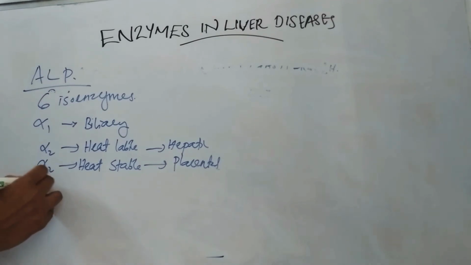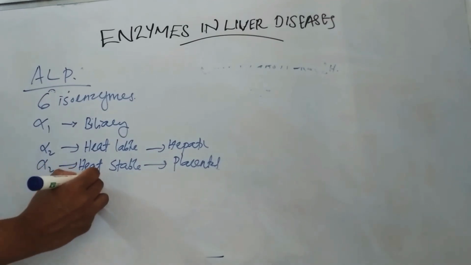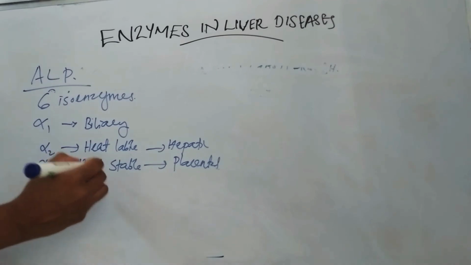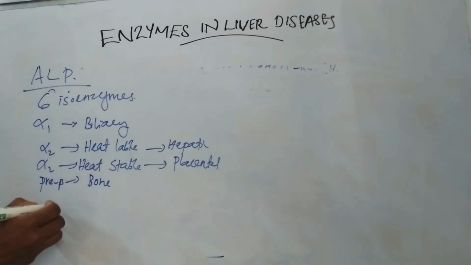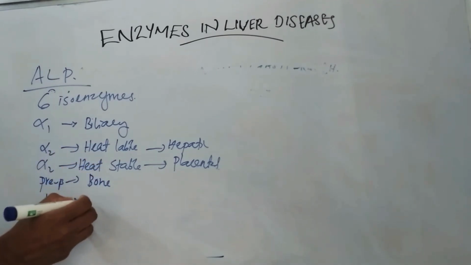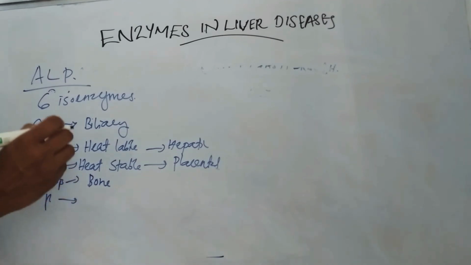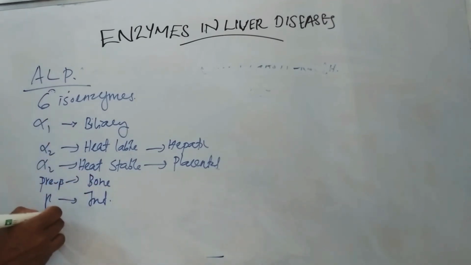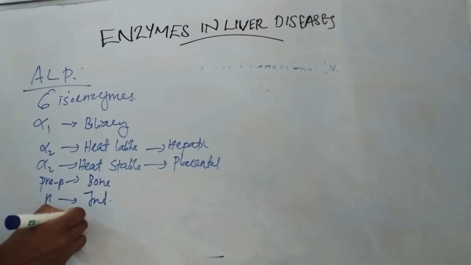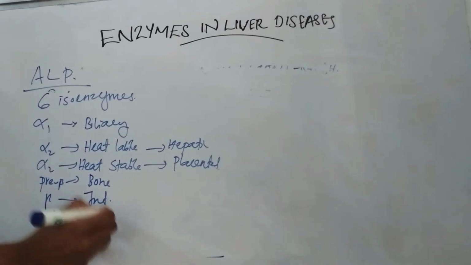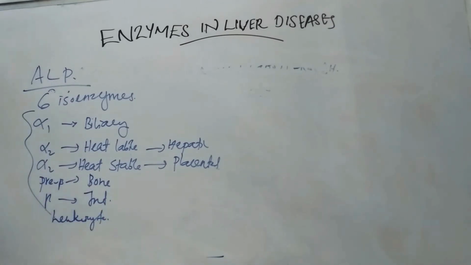Then pre-beta ALP, that is bone. Then gamma ALP is intestine. Next one is leukocyte ALP. So these are the main isoenzymes.